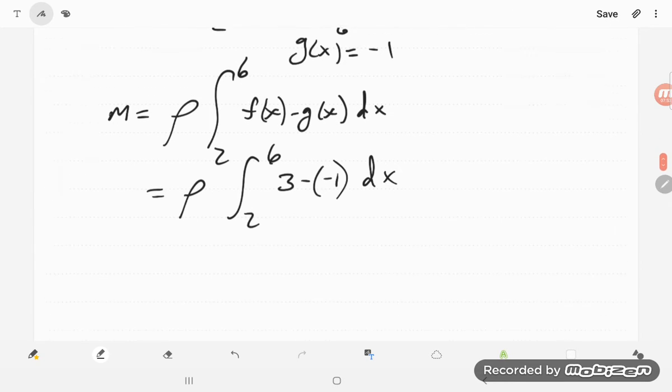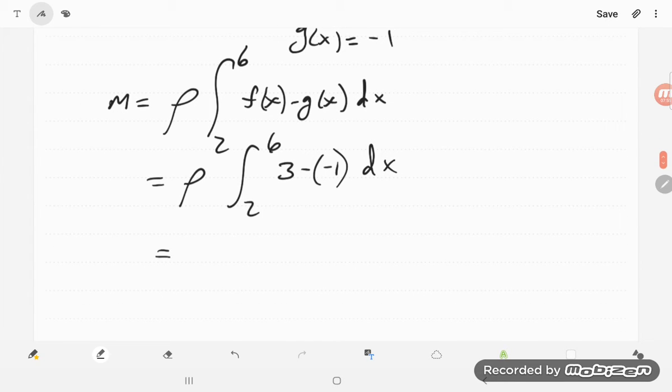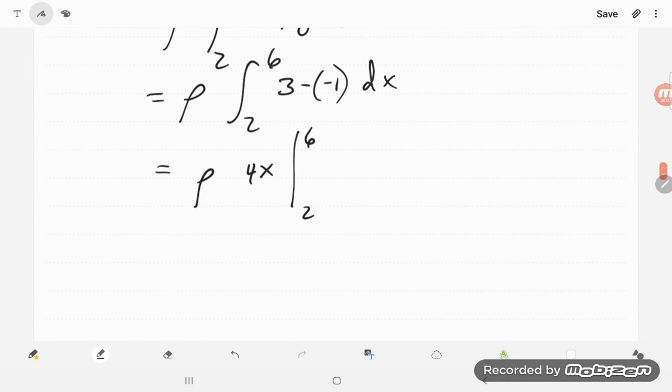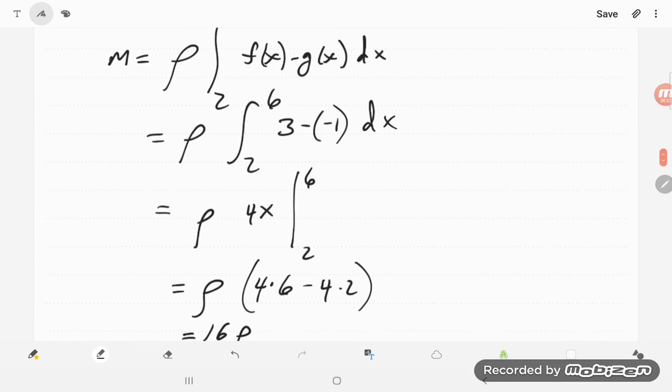That's 4. So this is rho and 4, so we get 4x from 2 to 6. And so this is rho times 4 times 6 minus 4 times 2, which is 16 rho. Okay, so that's mass.